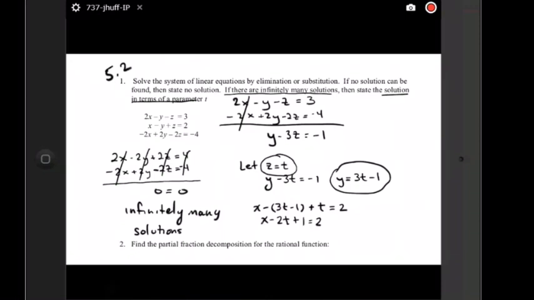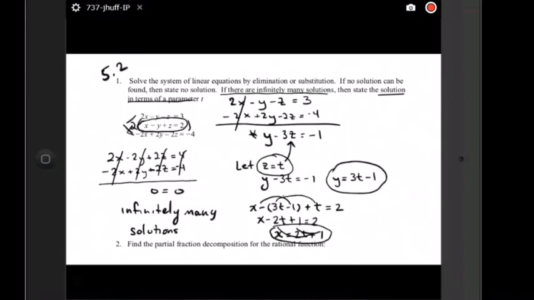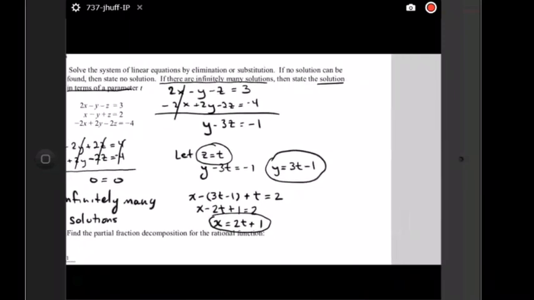And then the final step there would be to move the terms over to the same side so you get x by itself. So those are the values for x, y, and z.